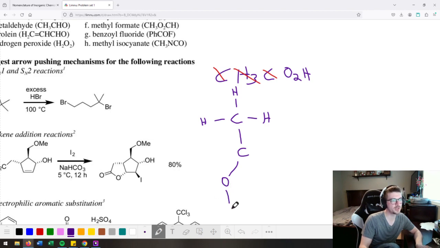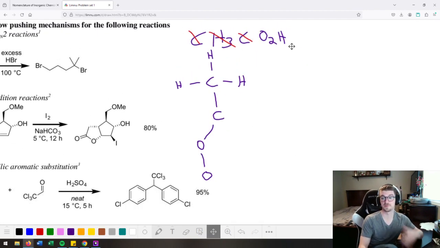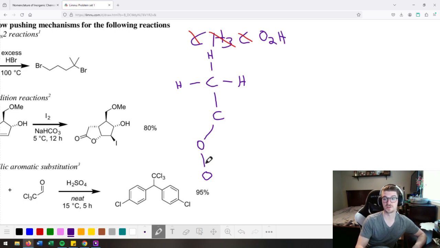Now we could technically draw, because we have to have 2 oxygens here, a second bond from this oxygen and connect to another oxygen, because oxygen supports 2 bonds. It is happiest with 2 bonds and 2 lone pairs.